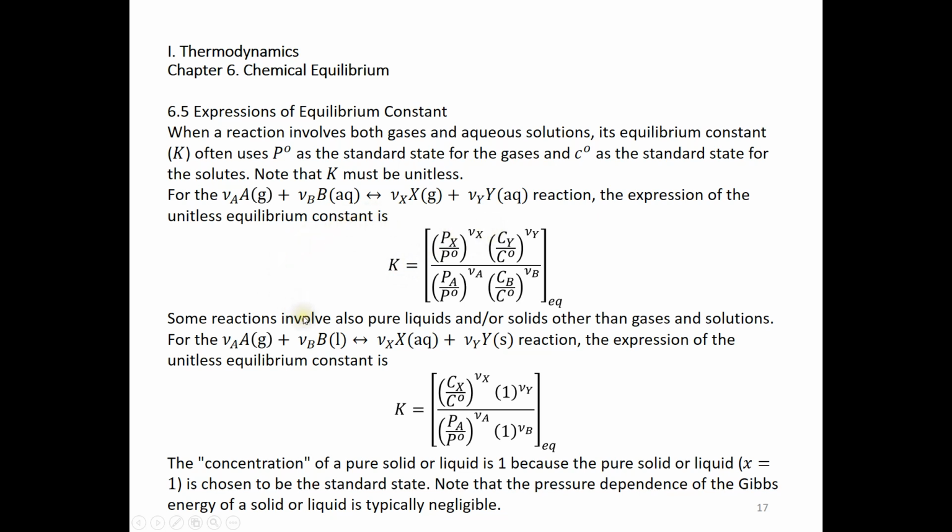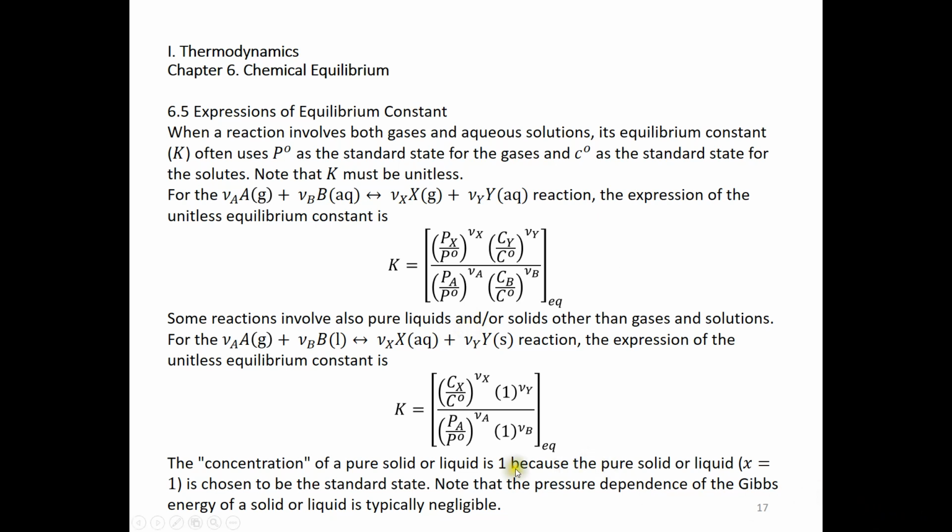Alright, some reactions involve pure liquids and pure solids. For example, if you are looking at the decomposition of pure water into H plus and OH minus in water, you may assume this water is pure liquid water. Its concentration is considered 1.